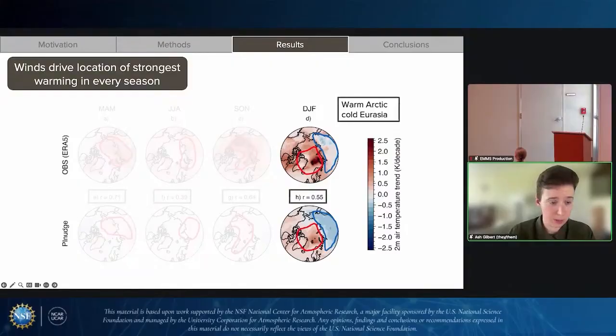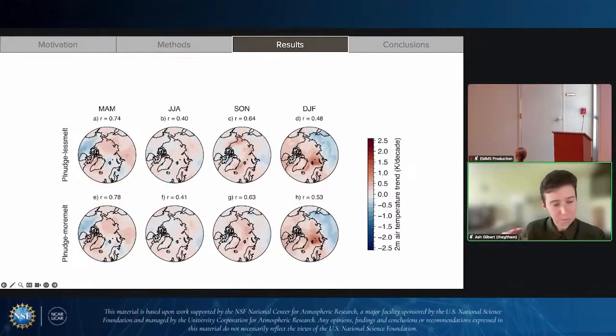And I'd just like to quickly note here that on the top is PI nudge less melt, and the bottom is PI nudge more melt trends. Both are nearly identical to PI nudge, so increasing or decreasing the sea ice thickness doesn't matter. It's not having any effect on the wind contribution to temperature trends.